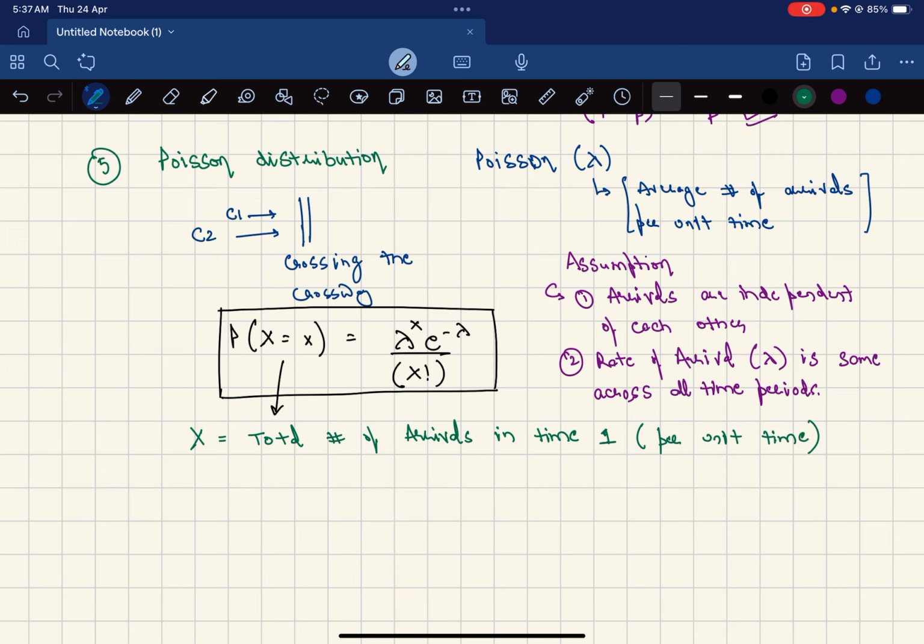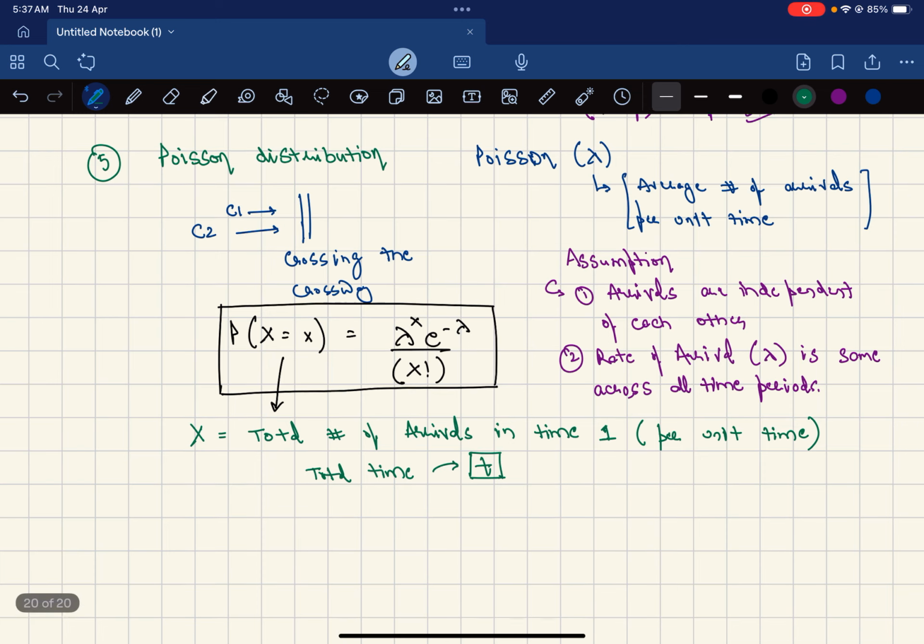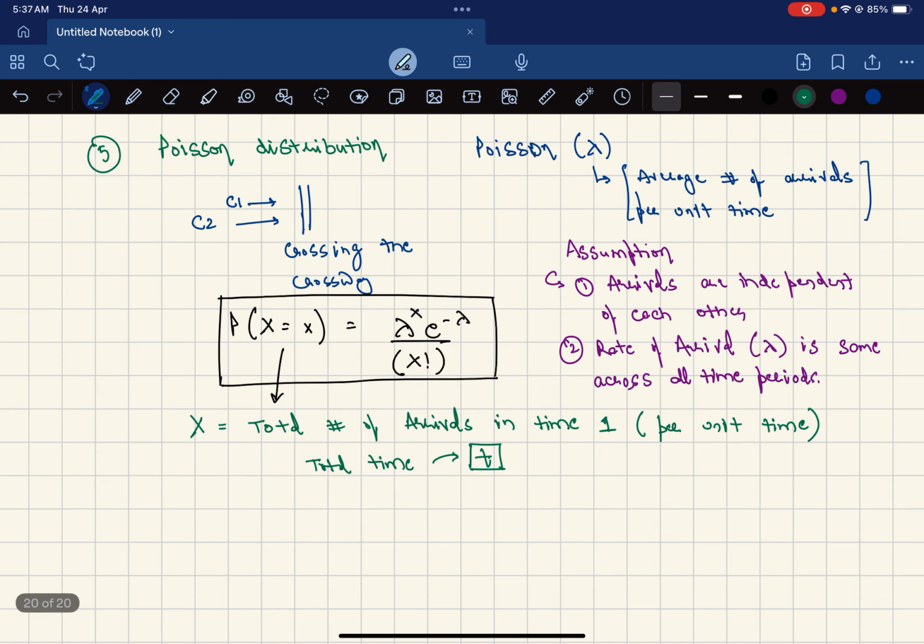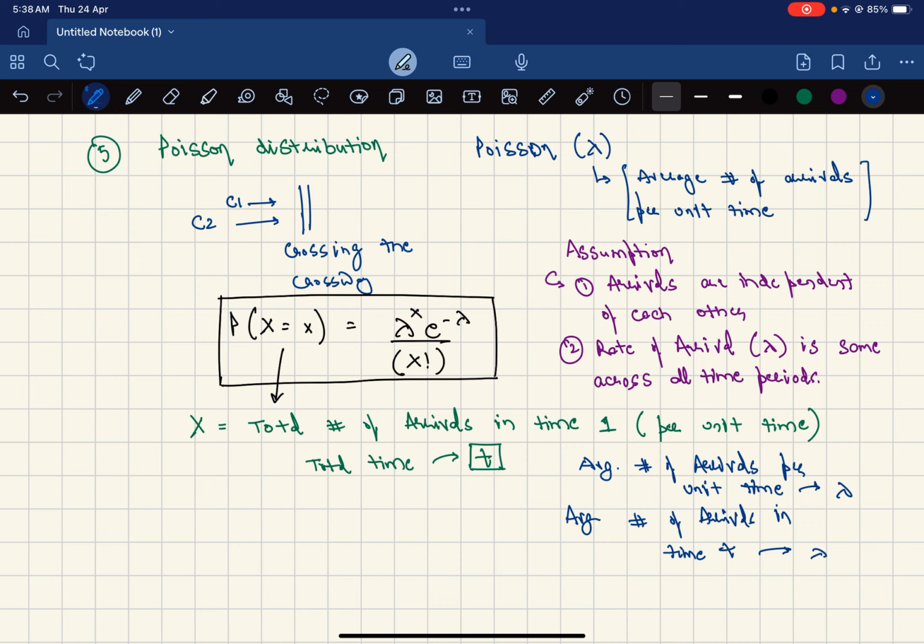Now let us say we have a total time given as t. So instead of per unit time, we want to get the total number of arrivals in time t. Since the average number of arrivals per unit time is lambda, the average number of arrivals in time t would be lambda times t.